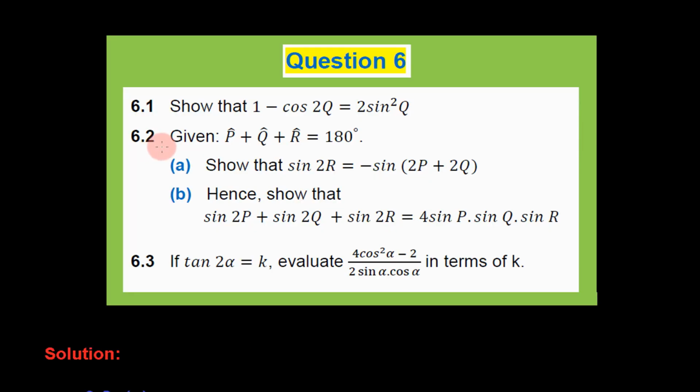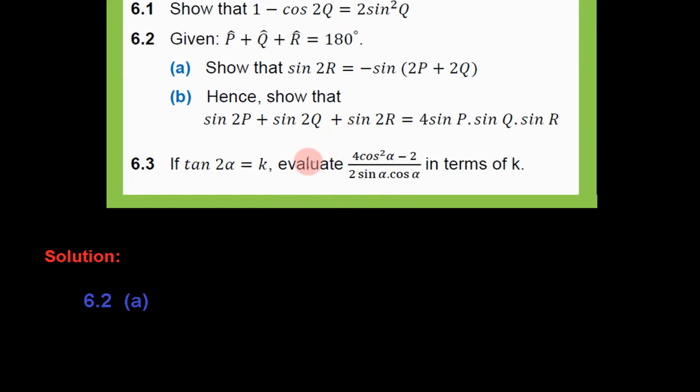Then in 6.2, we are given that the sum of angles P, Q and R is 180 degrees. And in A, we need to show that the sine of 2R is negative the sine of 2P plus 2Q. So let's start with the left-hand side. It's equal to the sine of 2r.